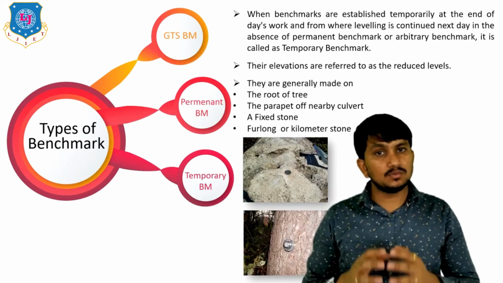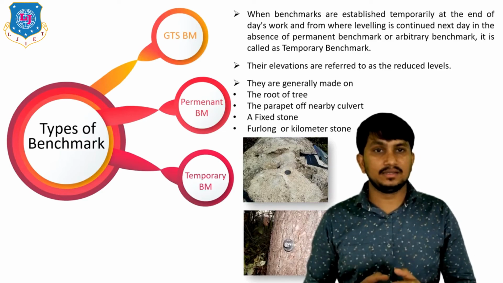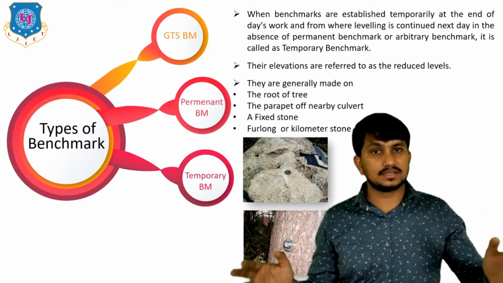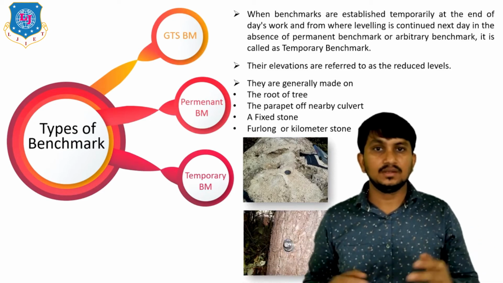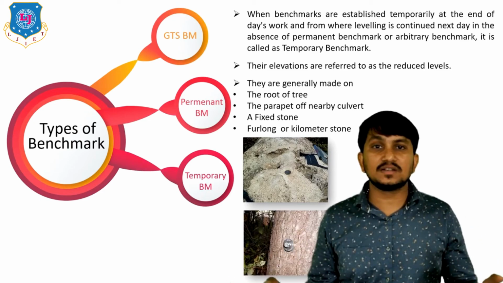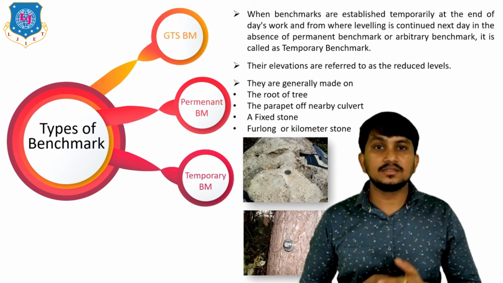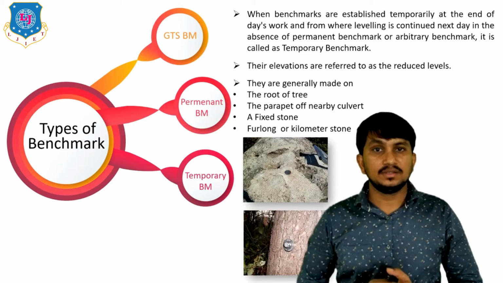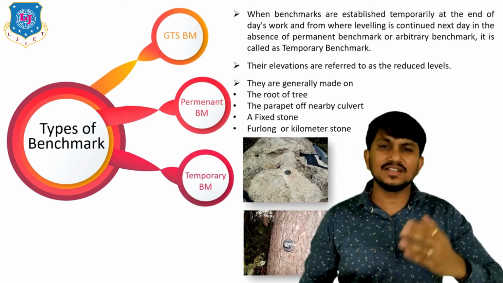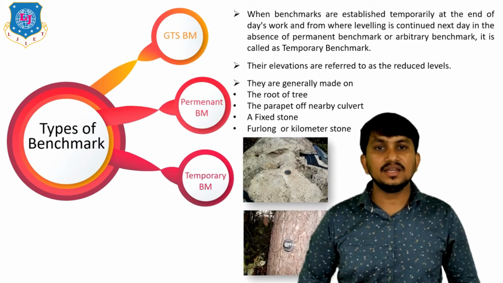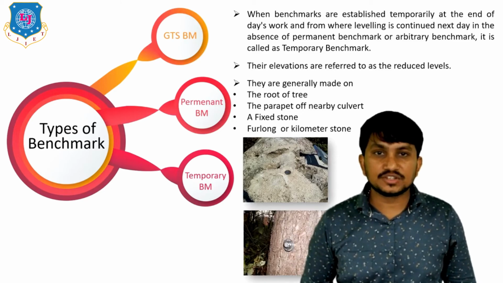These are used when the leveling is carried out for a long distance, like hundreds of kilometers. And hundreds of kilometers cannot be surveyed in a single day. So we have to establish a number of temporary benchmarks after the day's work and start the work at the next day. Okay, this is all about temporary benchmark.